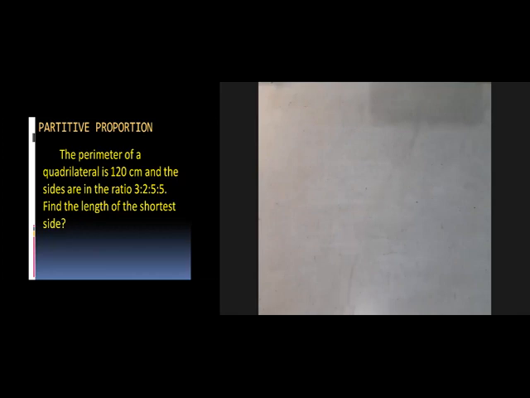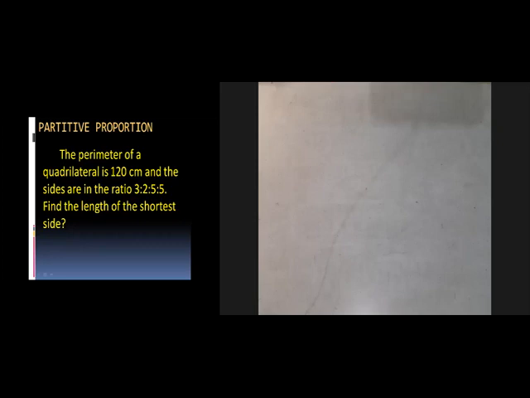Okay? Anong clue natin dito? Wala tayong word na cut. Okay? Wala tayong word na divided. Pero meron tayong ratio 3:2:5:5. So we have 4 terms in our ratio. So it's a partitive proportion problem.